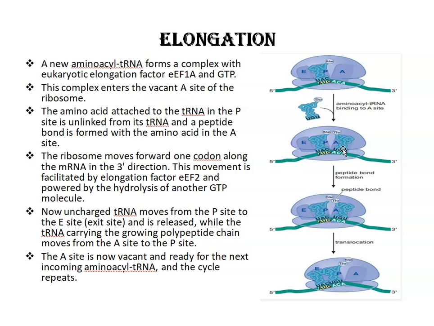At the same time, the mRNA must move by 3 nucleotides to expose the next codon. So these movements are coordinated with the ribosome and are collectively referred to as translocation.